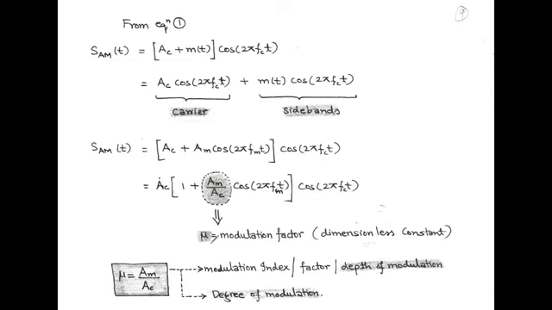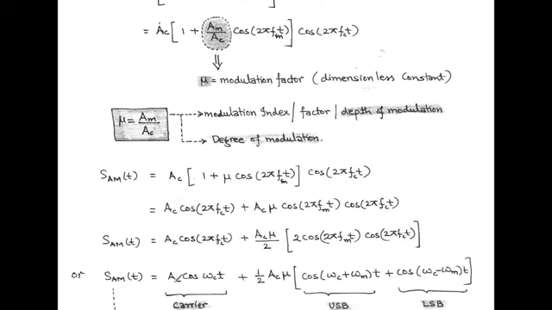Here we get a new term that is called the modulation factor, and it is the ratio of A_m upon A_c. The modulation factor is denoted by μ, and it is a dimensionless constant. It is a very important term that decides the degree of modulation. Modulation factor is also known as modulation index or depth of modulation, and its formula is the ratio of the amplitude of the message signal upon the amplitude of the carrier signal.